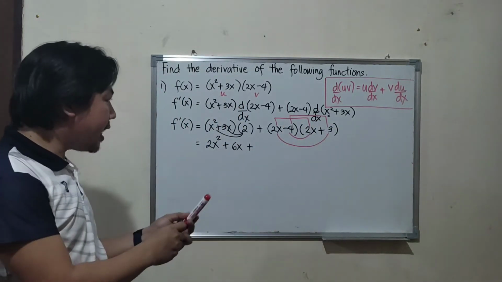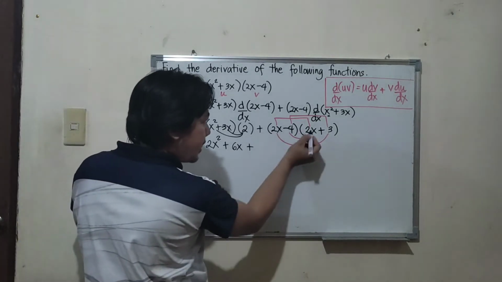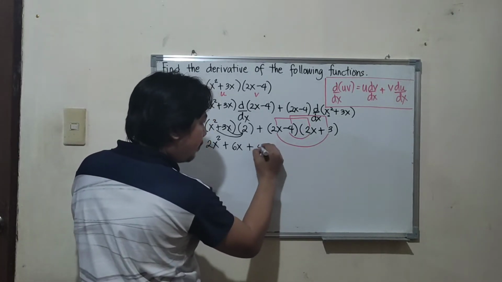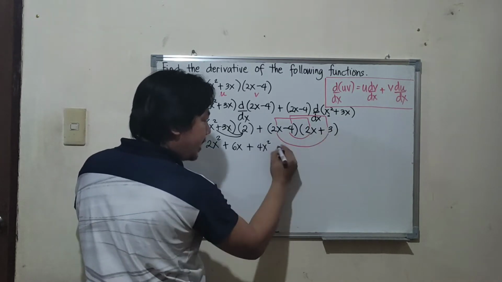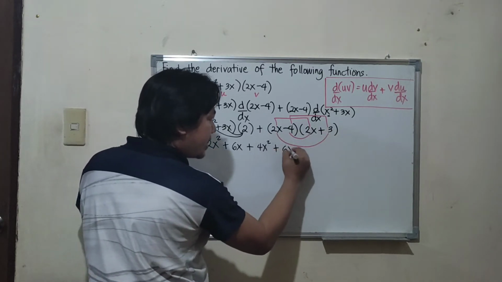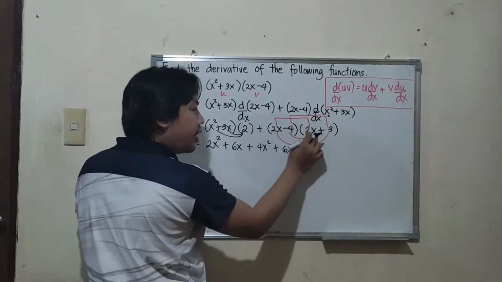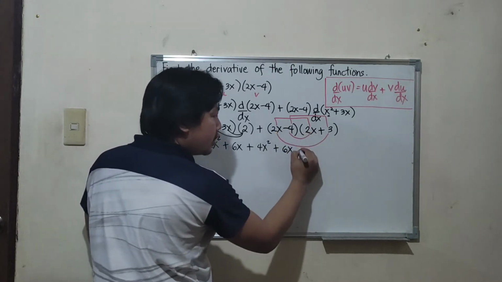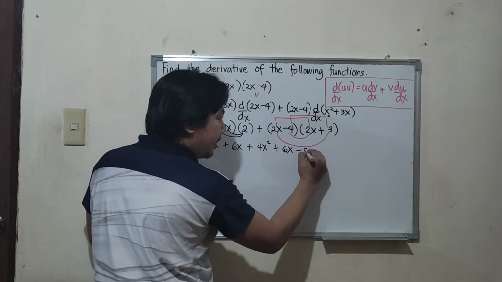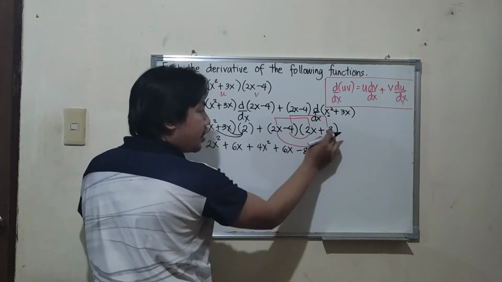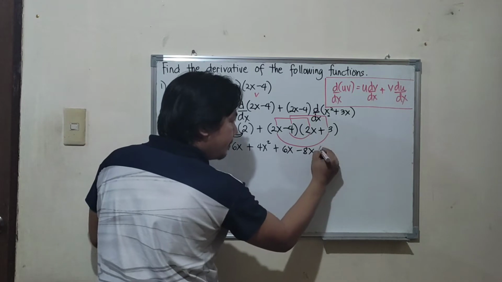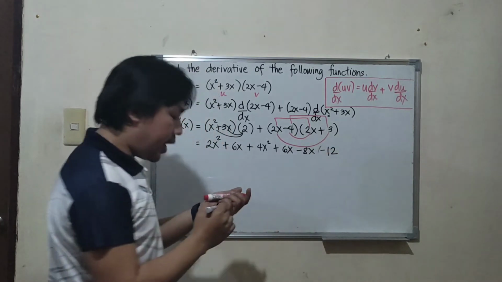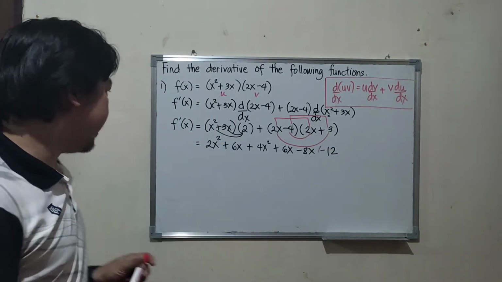Okay, so distribute lang natin. So we have 2x times 2x, that is positive 4x squared. Then we have 2x times positive 3, so that is positive 6x. Then we have negative 4 times positive 2x, so that will give us negative 8x. And then negative 4 times positive 3, that is negative 12.